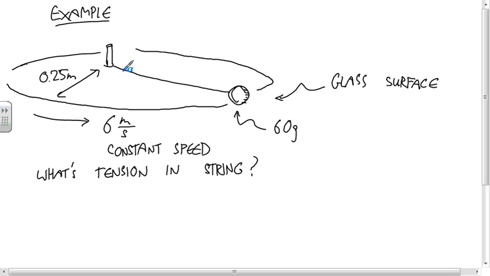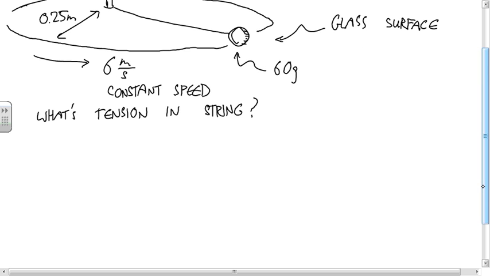The view you have to take is either directly above or directly below. Those are the only two views where the motion looks like a circle. Whenever we have that option, I'm always going to take a top-down view. There's nothing better about it, but I'm just going to always do it that way. So first step, choose the view and the coordinate system.